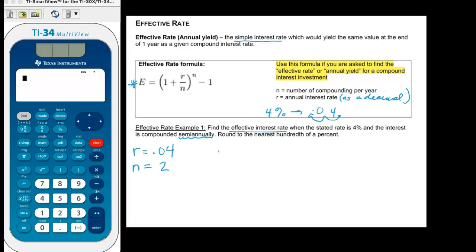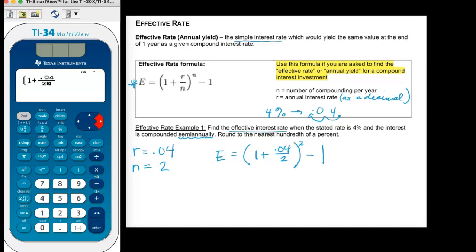I'm going to use this effective rate formula. E equals 1 plus my rate over my compounding period, raised to the compounding period, 2, power, minus 1. You can put this in your calculator a couple of different ways. If you've got a TI-30X, you can use the N over D button. Press the parenthesis and type it in exactly how it looks: 0.04, down arrow, 2.